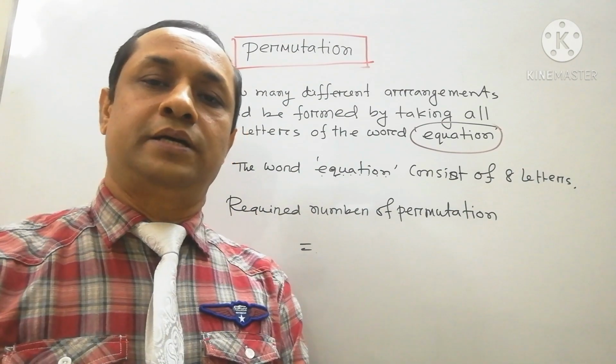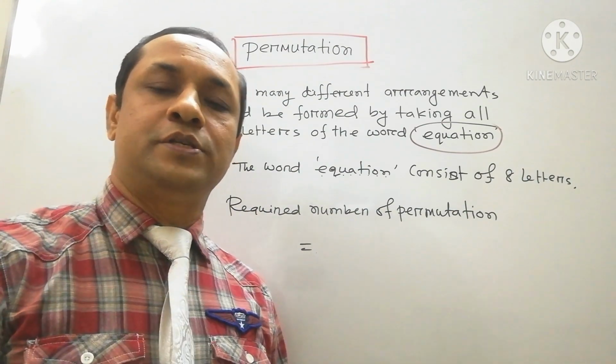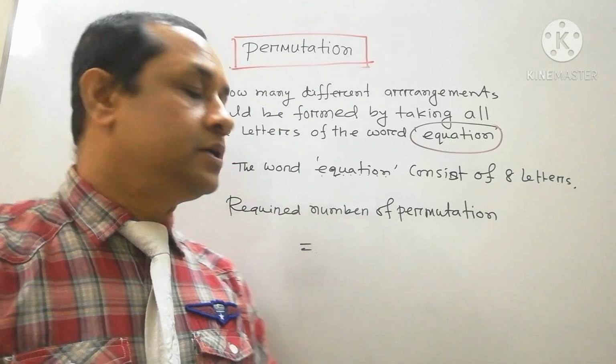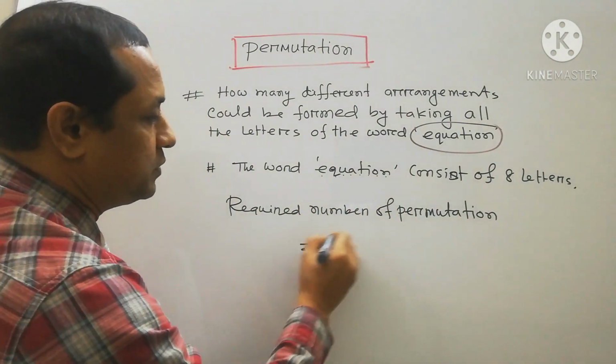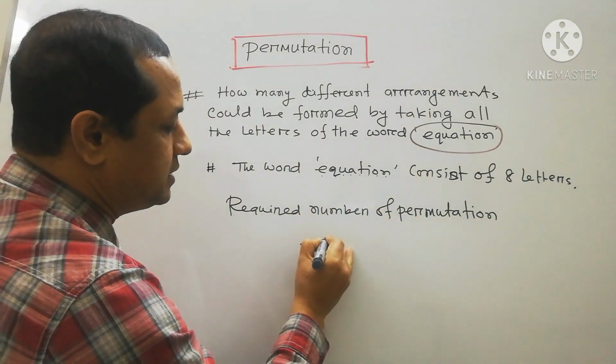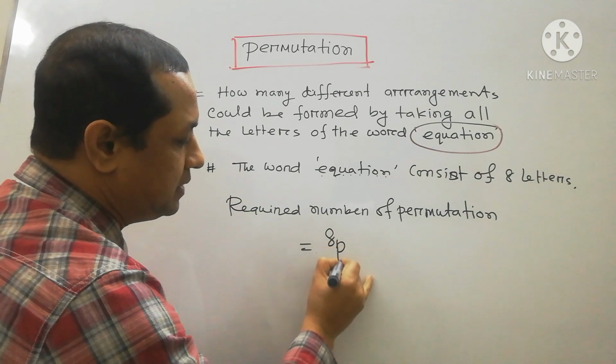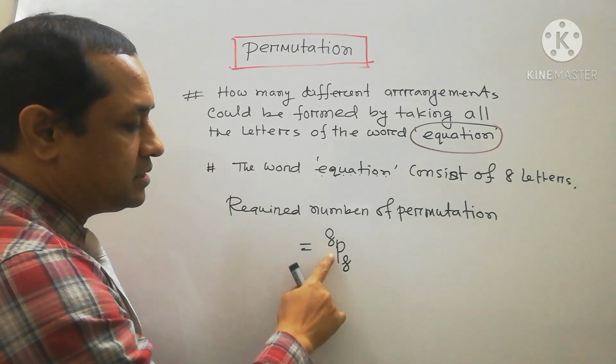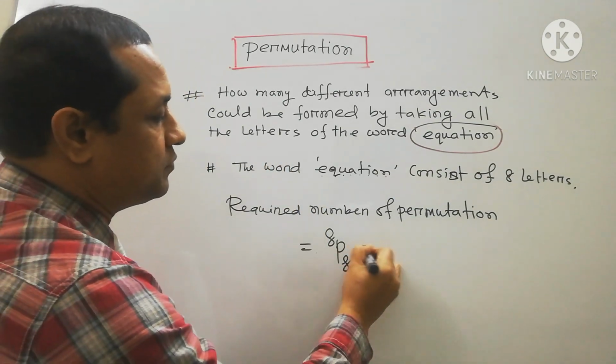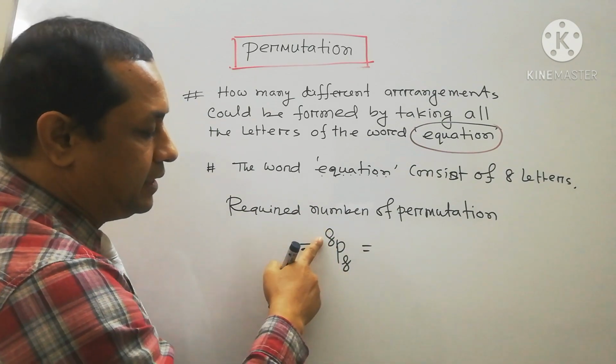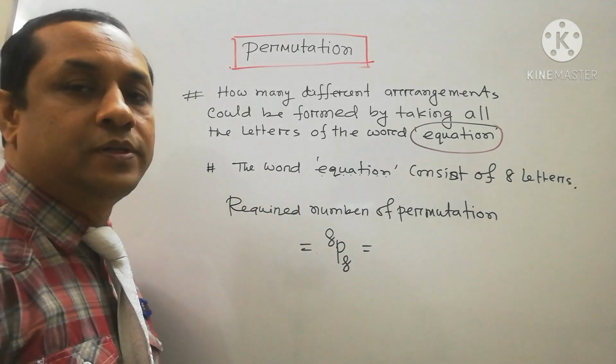Taking all at a time means here n equals 8 and r equals 8. So we can write the number of permutations or arrangements is 8P8. Now using the formula nPr, here n equals 8 and r equals 8.